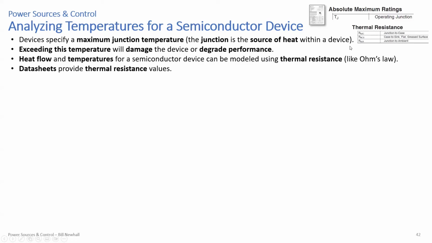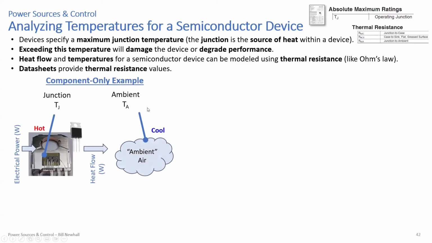So let's say, for a component like the MOSFET you have in lab, as current flows through it, there's some voltage across that device, and it's going to heat up a bit. Here's a view inside a transistor like a MOSFET.